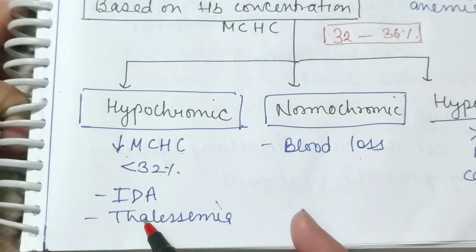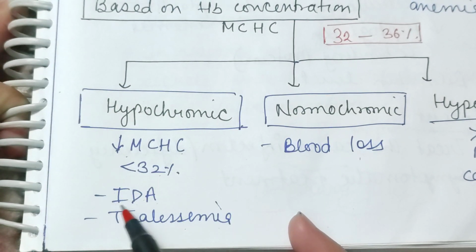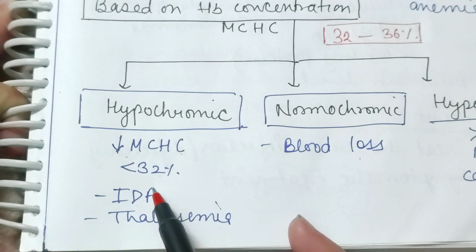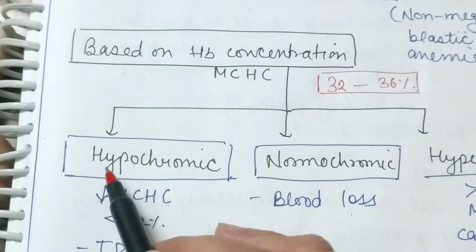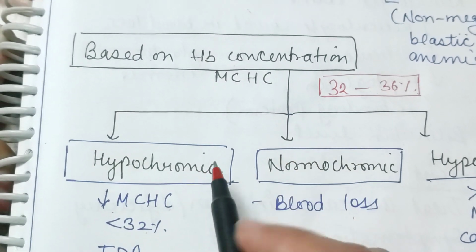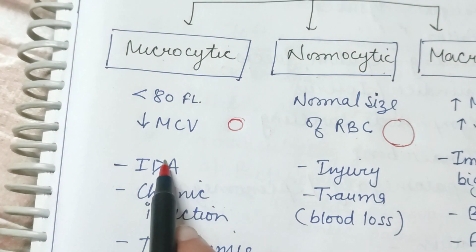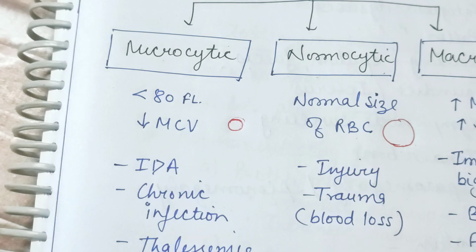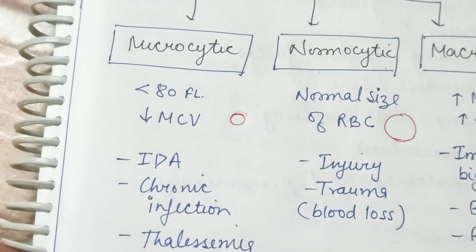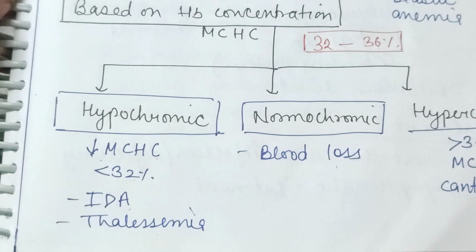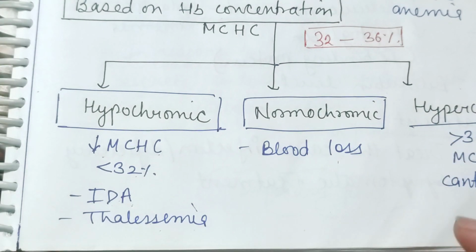We have seen these two terms, iron deficiency anemia for example, which is the most common anemia. If you see the blood picture, it will be hypochromic, meaning less hemoglobin concentration, and we have seen it's microcytic. So the blood picture is microcytic hypochromic in iron deficiency anemia.